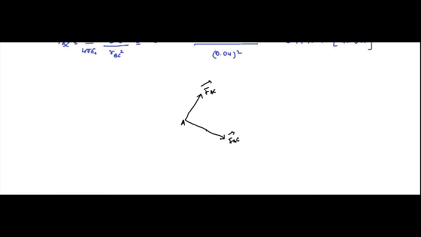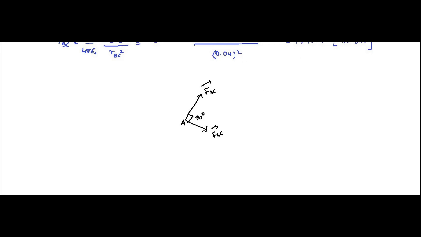Sorry, this one will be slightly short, the length of the vector will be a little bit short as compared to this, because it is of lower magnitude. So this will be FBC. The angle between them is 90 degree.